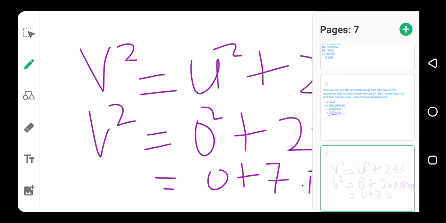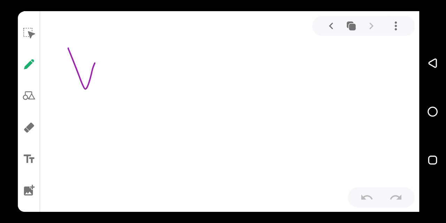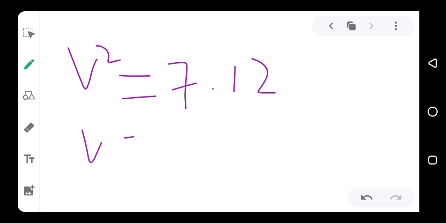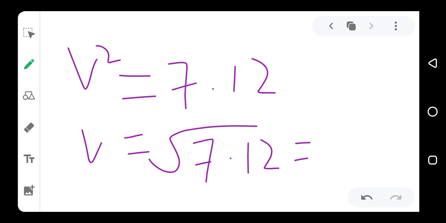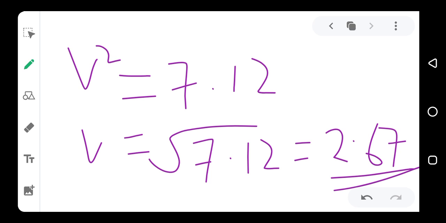So v squared is equal to 7.12, and v is equal to the root of 7.12. This gives us 2.67 meters per second. So the answer remains the same.